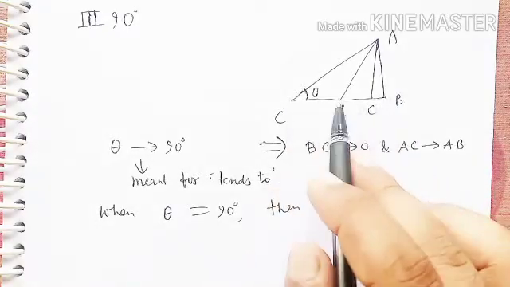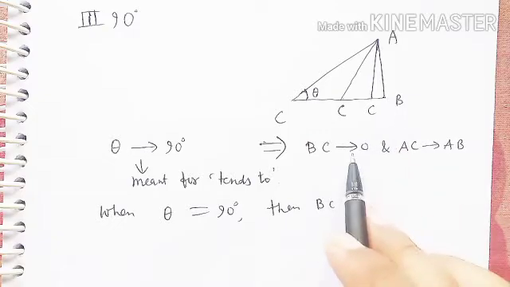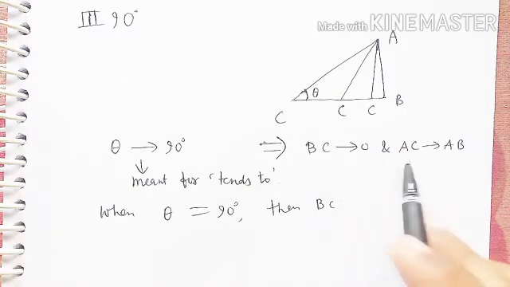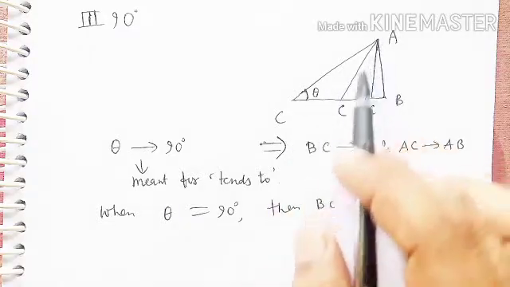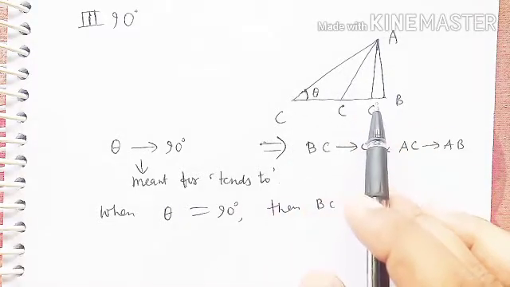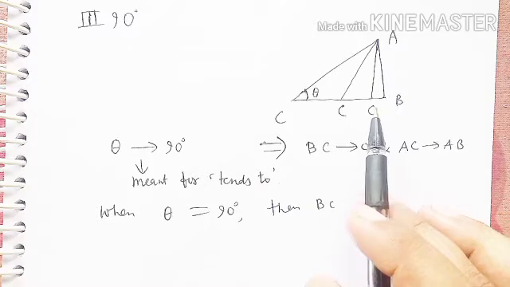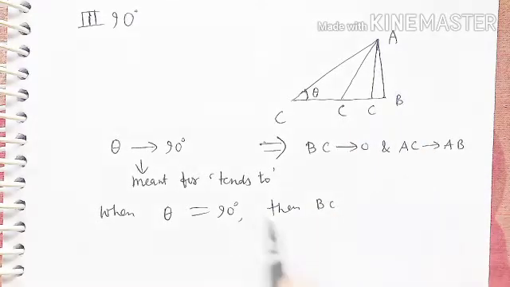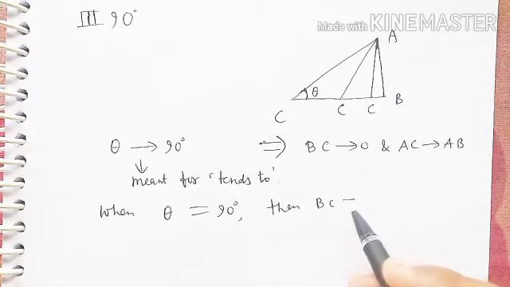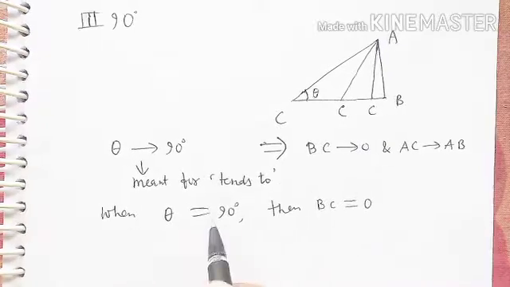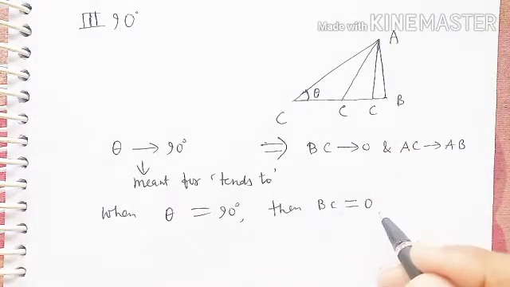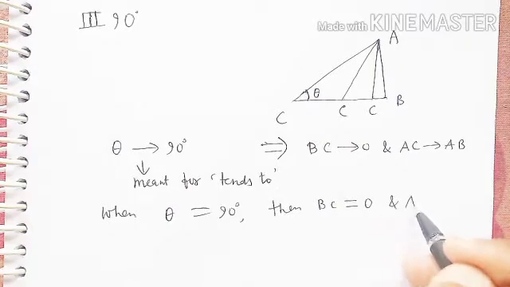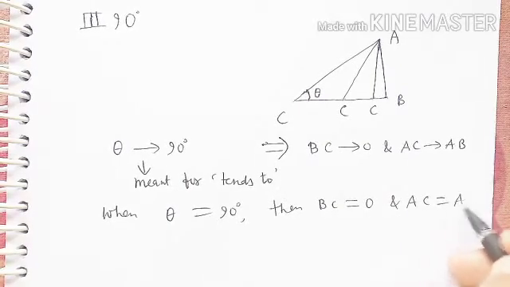This is BC, this goes on decreasing, BC tends to 0 and AC tends to become AB. When theta becomes 90 degree, BC becomes 0 and AC becomes equal to AB.